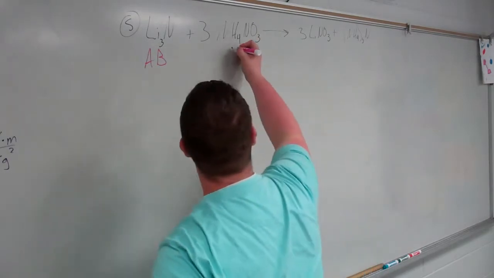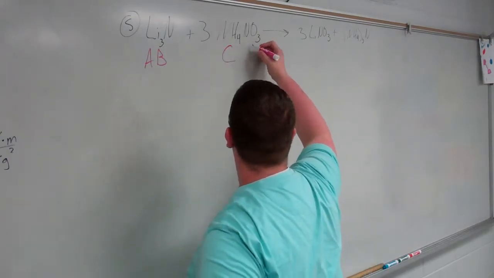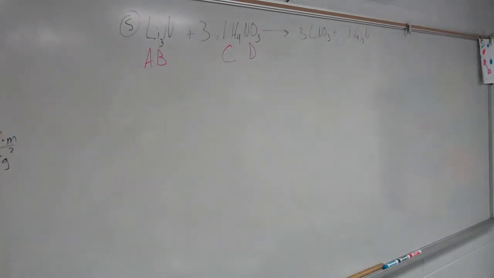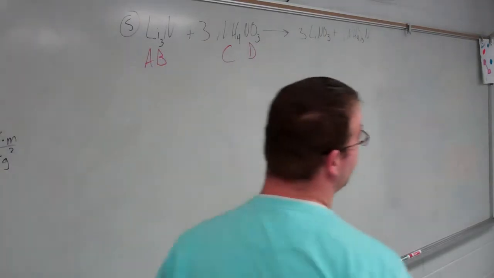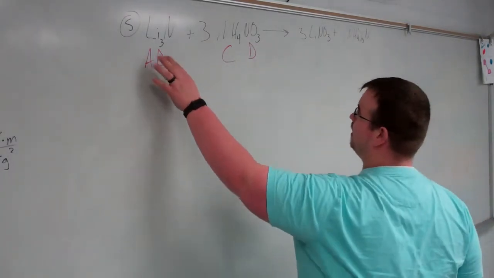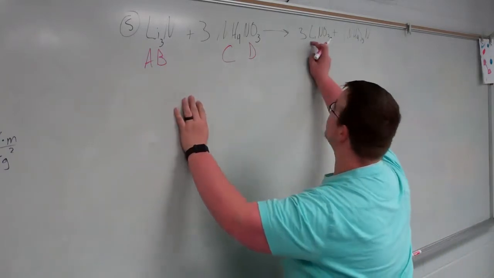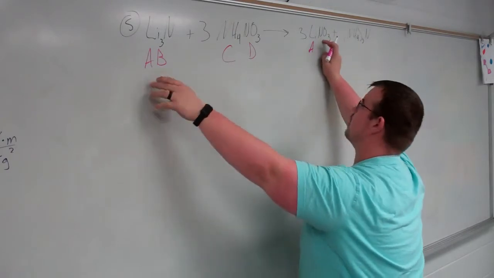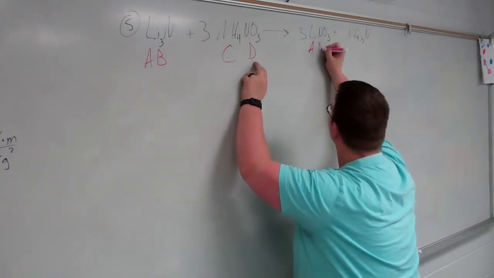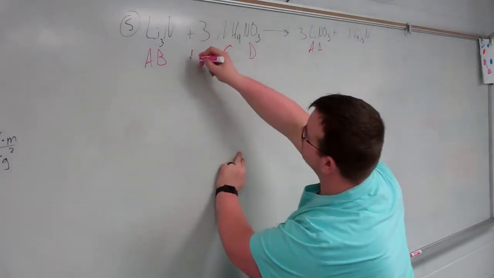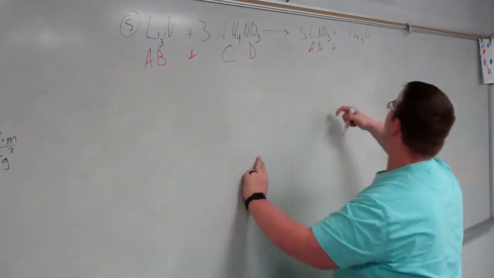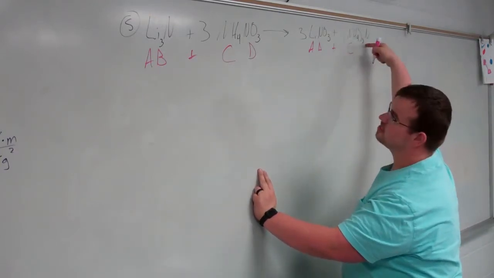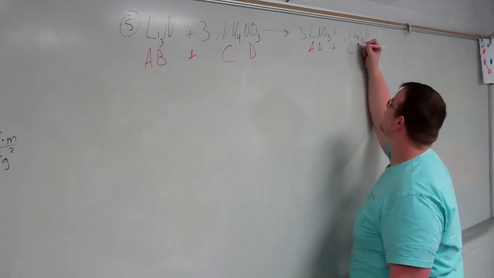So ammonia is C, and nitrate is D. Then you go over here and label back where they're at, keeping the labels the same. What's lithium labeled? A. Nitrate? D. Ammonia, C, and nitrogen, or nitride, B.